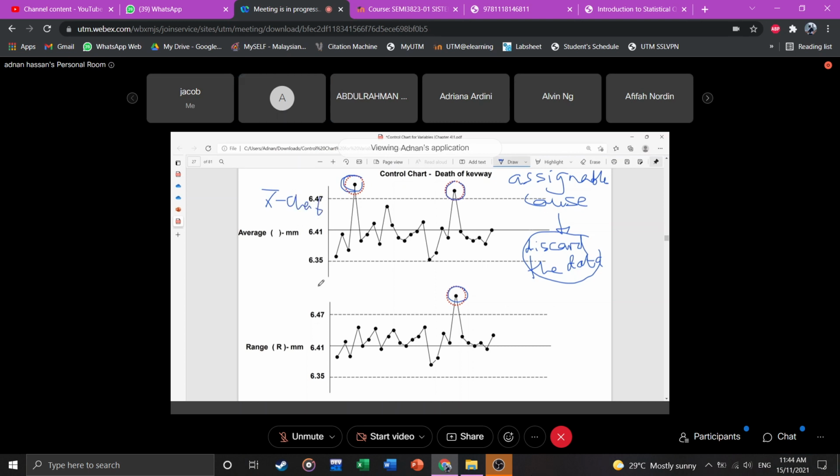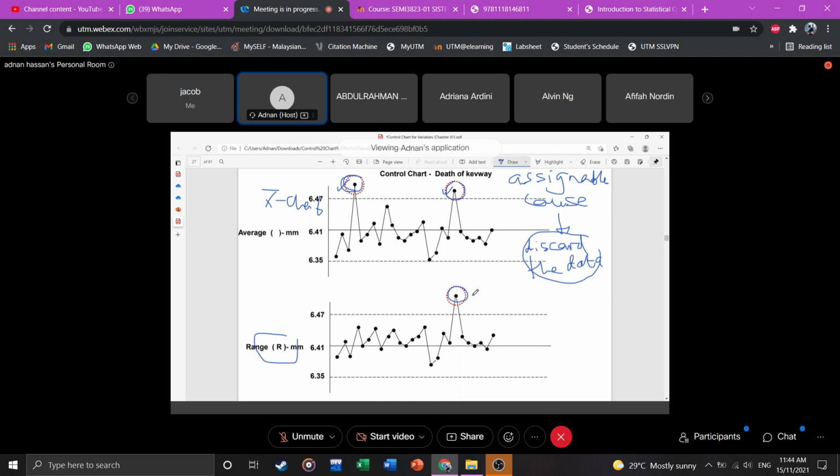When you are working on the R chart, you just remove the value for the R chart. Another way is that we remove these two values for the X bar chart, and also for the R chart we remove the same values. So we remove the values that are affected for the X chart and also for the R chart.